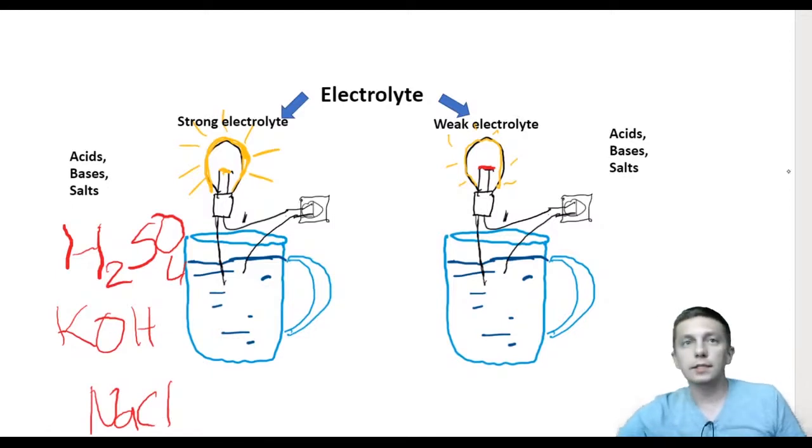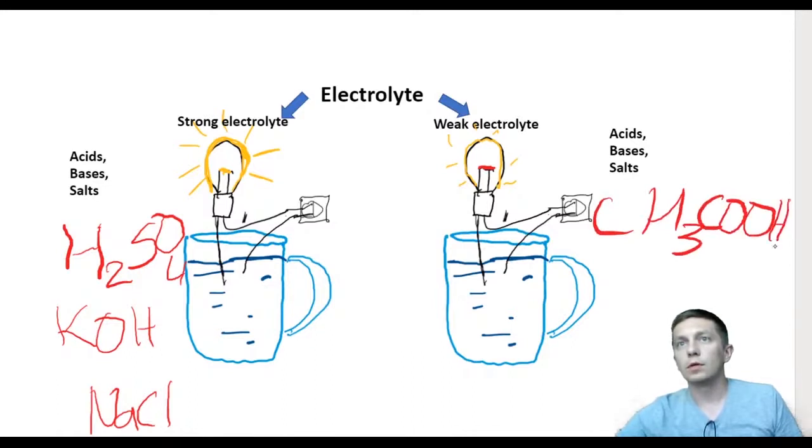Weak electrolytes can also be acids. For example, CH3COOH. It's acetic acid. We will discuss a lot about this compound in the future. It's also acid, or mineral acids such as HF.